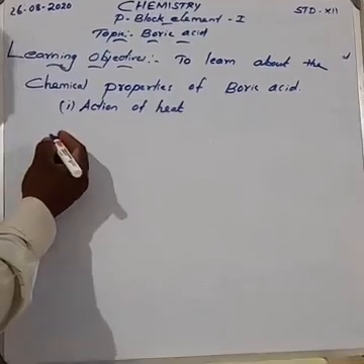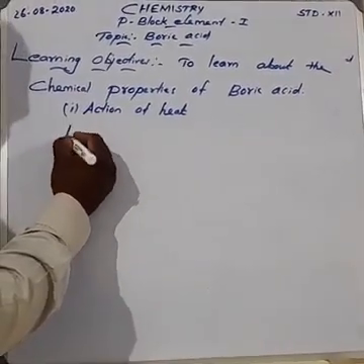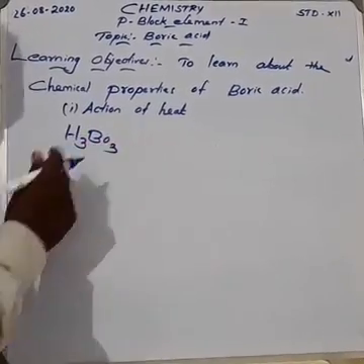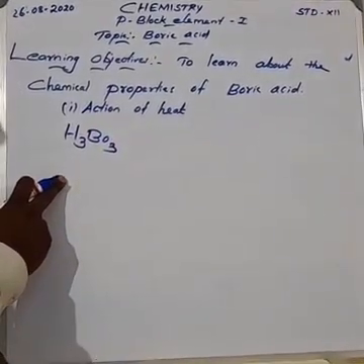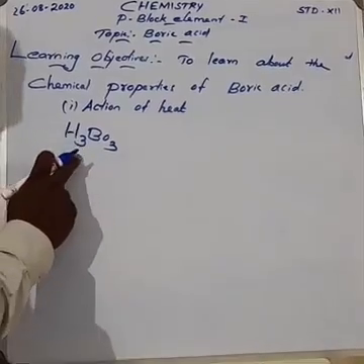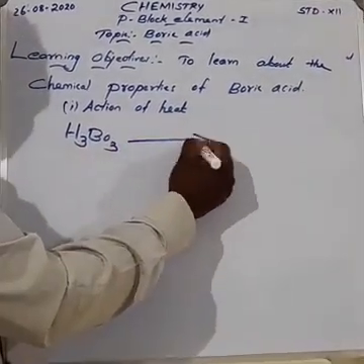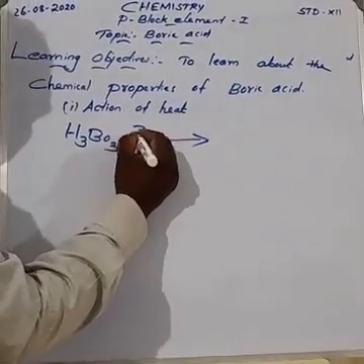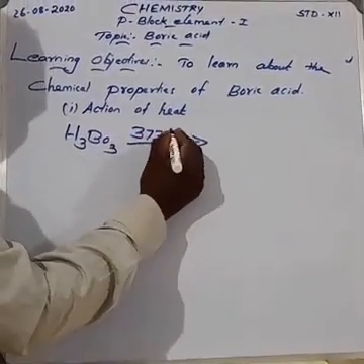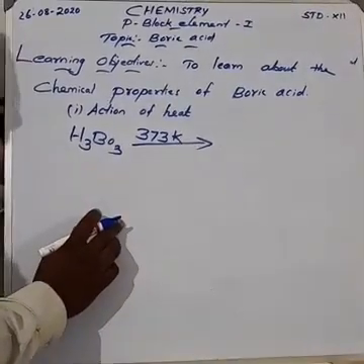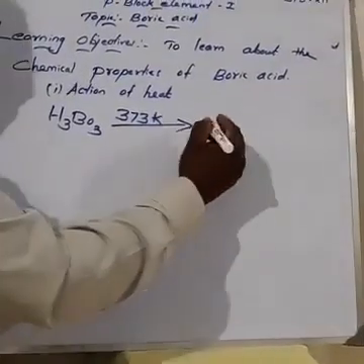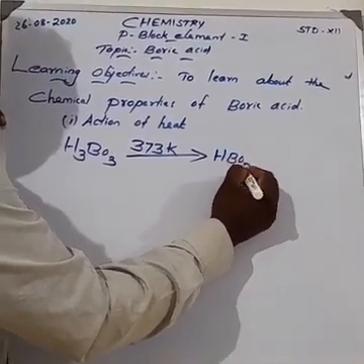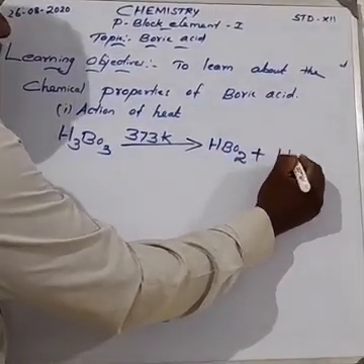What is the formula for boric acid? H3BO3, boric acid. This boric acid on heating at 373 Kelvin, we get metaboric acid. What is the formula for metaboric acid? HBO2 plus water.